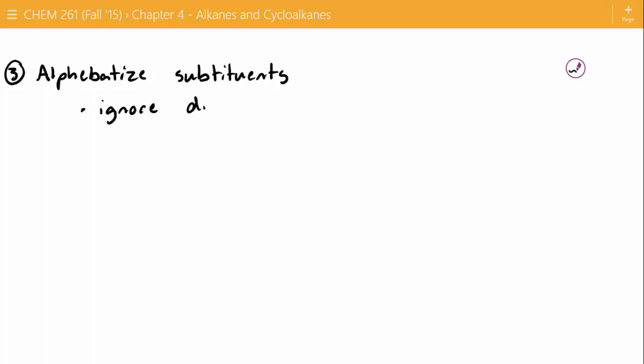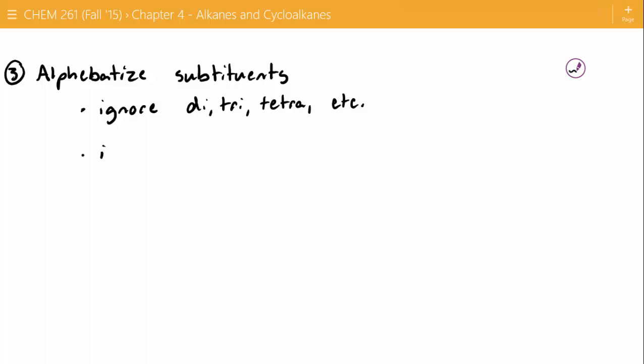You want to ignore di, tri, tetra, etc. So don't include those prefixes if a group occurs more than once. So for example, if we're looking at dimethyl, we're not looking at D when we're alphabetizing for di, we're actually looking at the M for methyl.